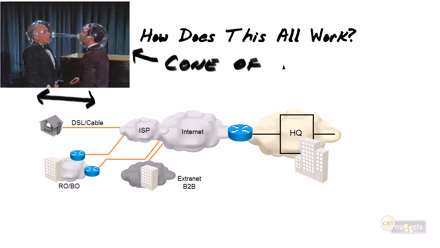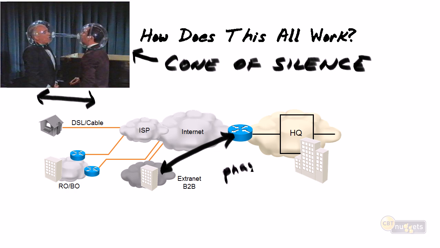The cone of silence is necessary because if we're going to create a secure communication between the headquarters and, let's say, this extranet B2B partner here, before we actually send the data back and forth in the IPsec tunnel, whether it's tunnel mode or transport mode, which is basically IKE Phase 2, we have to agree upon the parameters we're going to use. Remember earlier I showed you the different algorithms? Are we going to use triple DES or AES?